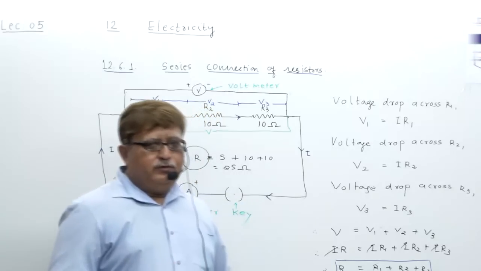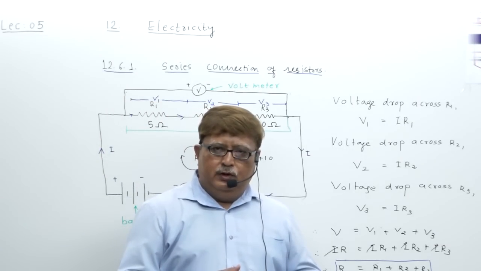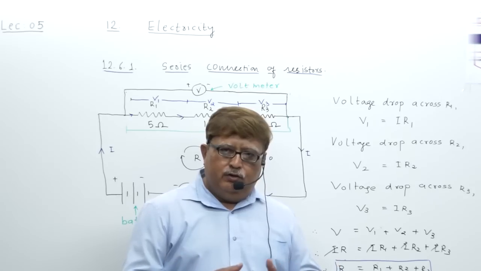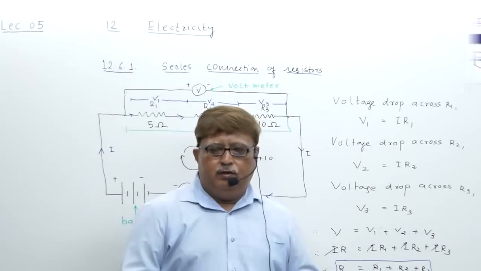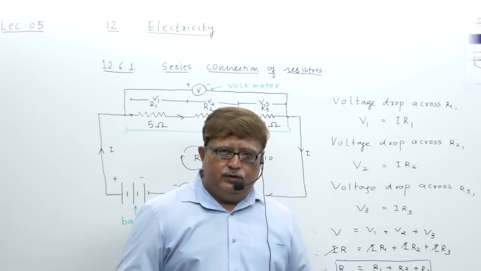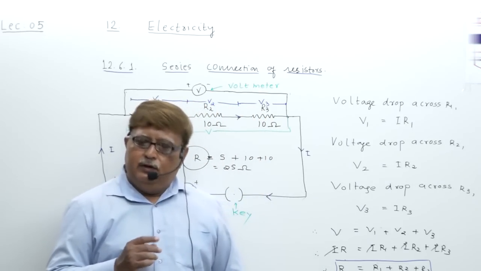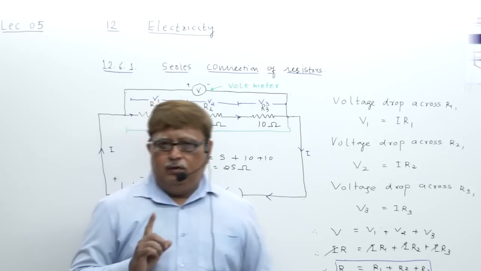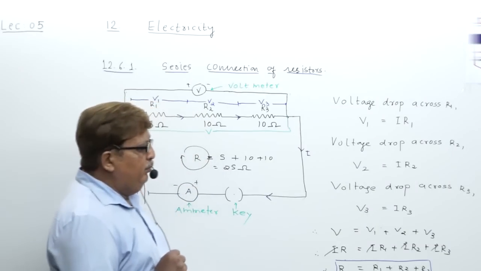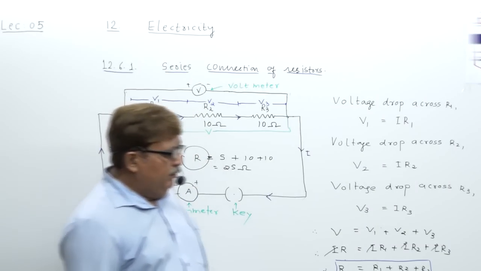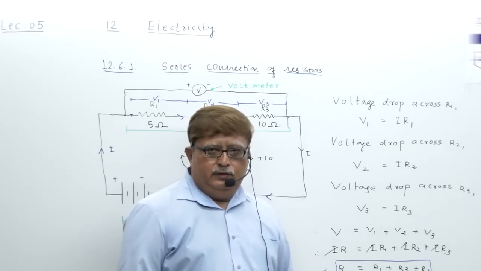Suppose one tube light has expired, does that mean all devices in your home stop working? No, it never happens in our home that one device stops working and others do not. Others keep working efficiently, because there is parallel connection, no series connection. You understood this? You need to keep this concept in mind. Okay, so this is series connection of resistors.